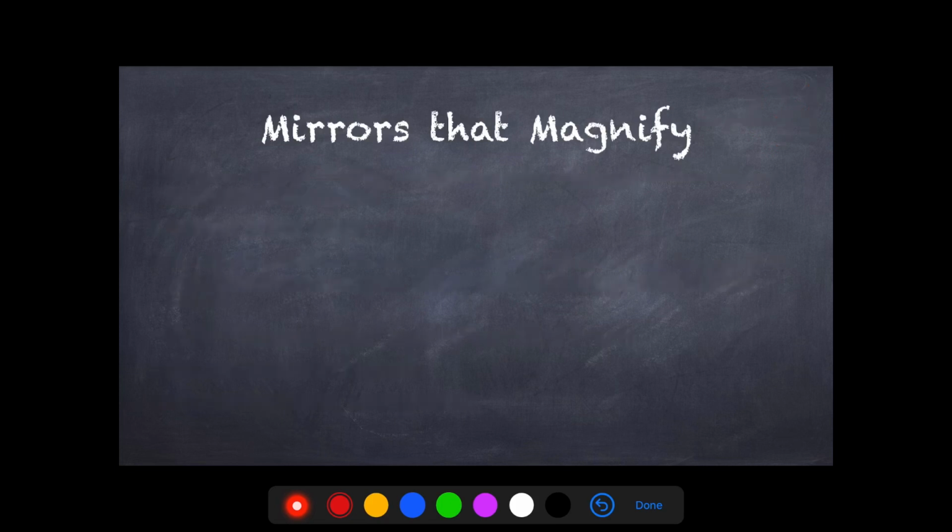So let's draw this out, okay? So if I have a concave mirror right here, this is my concave mirror, okay? And I have my optical axis that's going to come right in the middle, right?